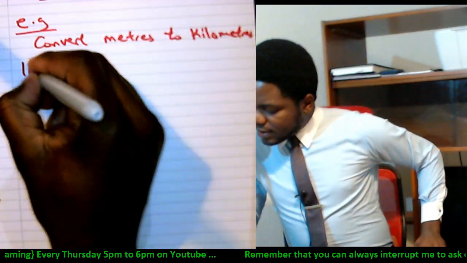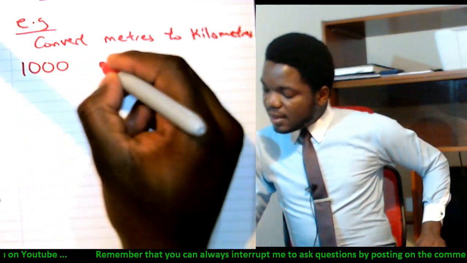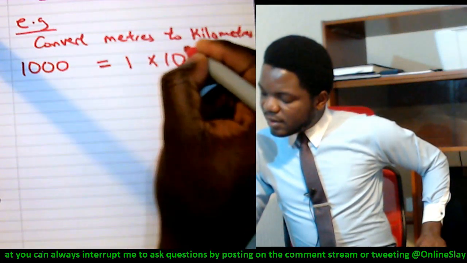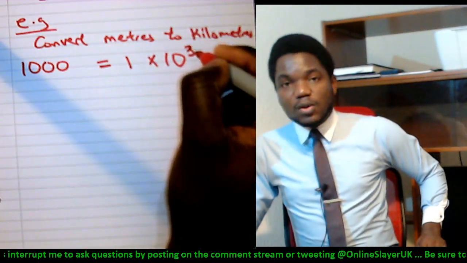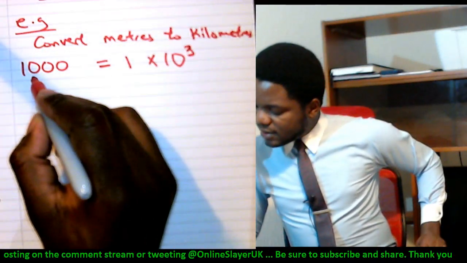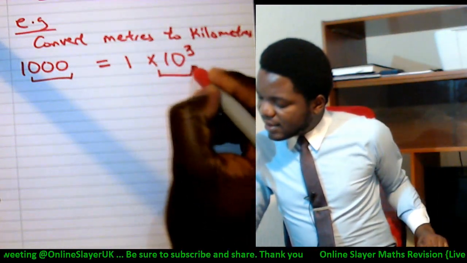So 1,000, right? 1,000 is the same thing as 1 times 10 to the power 3, according to what we just looked at, standard form. Now, if this is regarded as meters, then this will be regarded as kilo.